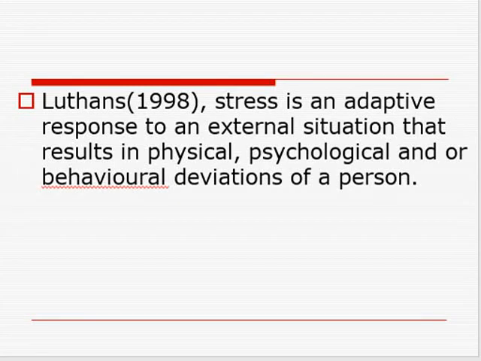That external situation could result in physical, psychological, or behavioral deviation, meaning that the external event can affect the person's behavior depending on how the individual reacts physically and psychologically. So it is very important we look at how we react to events.